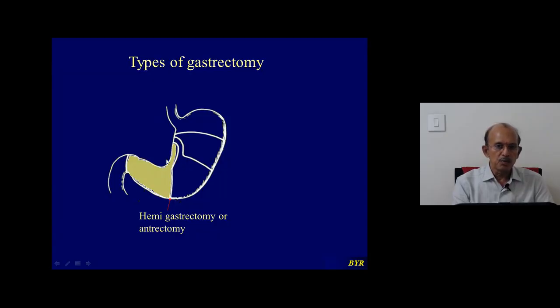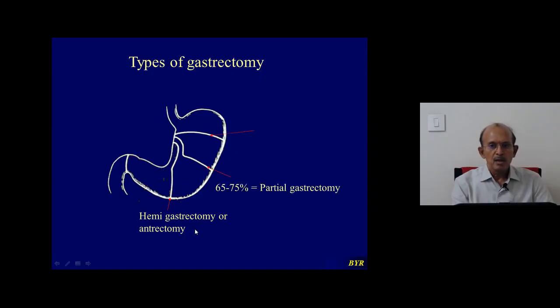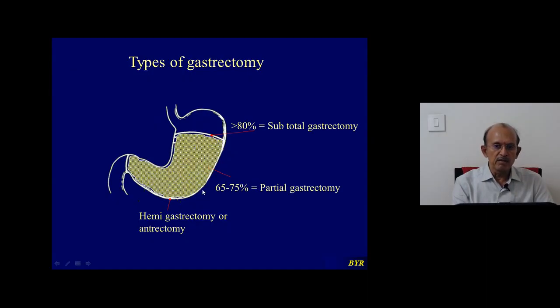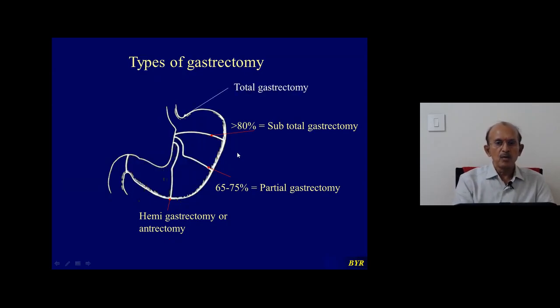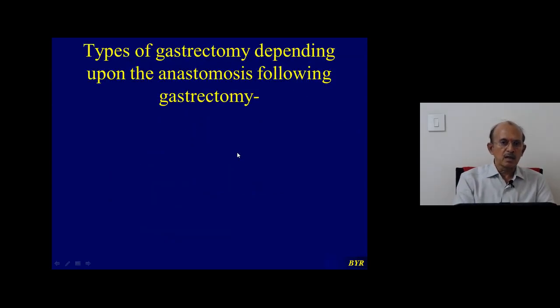If you remove this part of the stomach along with some amount of lesser curvature, it is called the hemigastrectomy or antrectomy. If you remove about 65 to 75% of stomach, it is called partial gastrectomy. If you remove about 80% of stomach, it is called subtotal gastrectomy. If you remove the complete stomach, it is called the total gastrectomy.